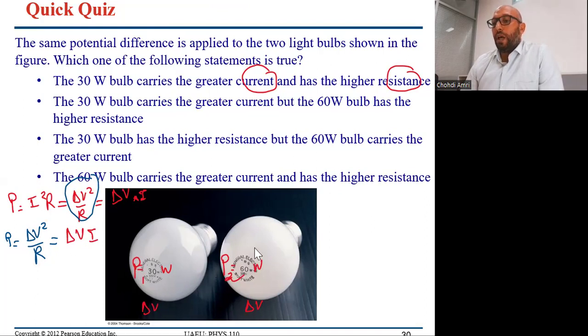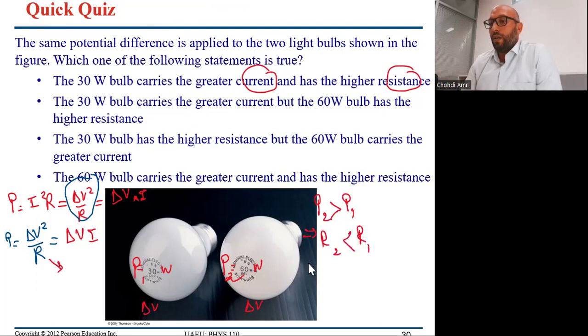Higher power, 60 watts, means what? It means less resistance. P2 higher than P1 means R2 less than R1, based on this formula, delta V squared over R. To get higher power, that means we need smaller resistance.